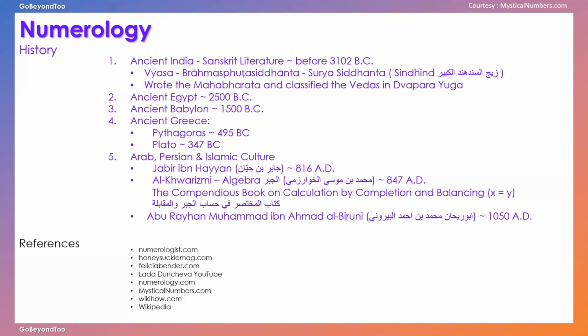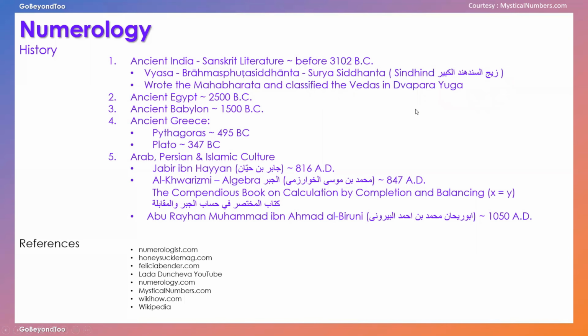If you don't know what Dvapara Yuga is, you may want to refer back to my previous video that was uploaded in the name of Yugas, simply understood. So one of the books that was attributed to Vyasa is the Surya Siddhanta, in Arabic as Sindh Hind, Zayj as Sindh Hind al-Kabir.